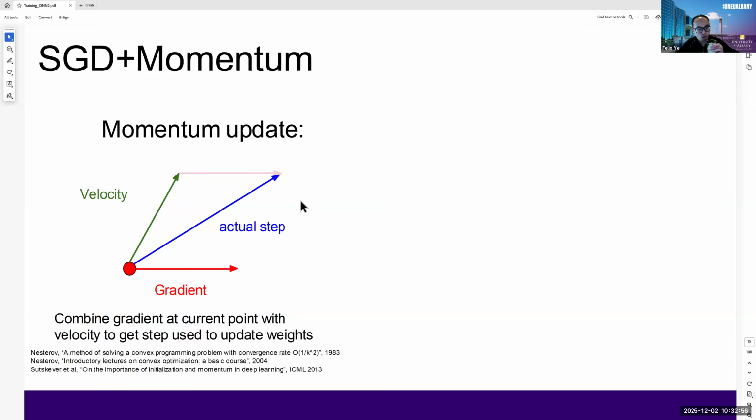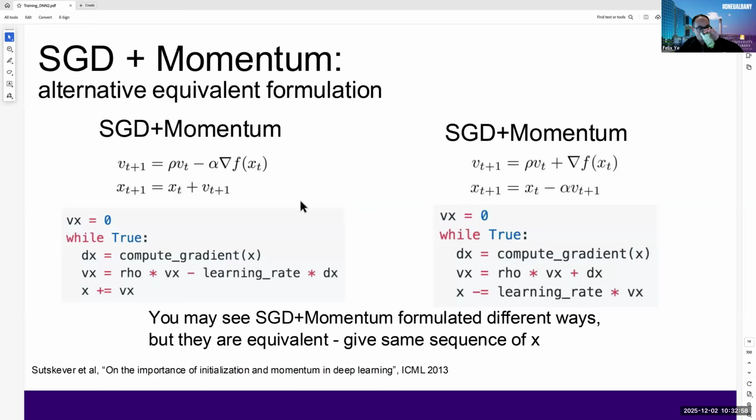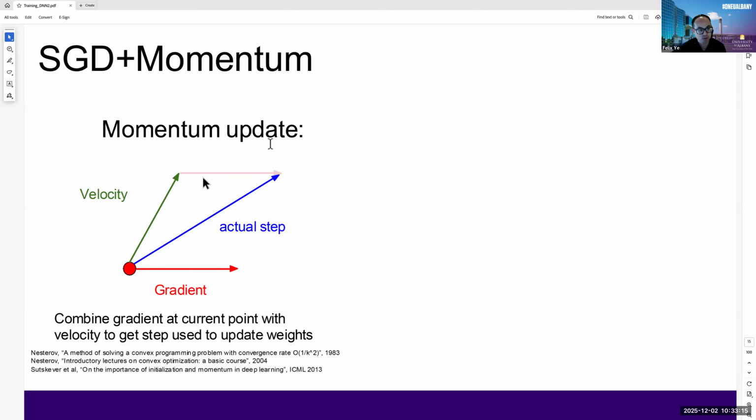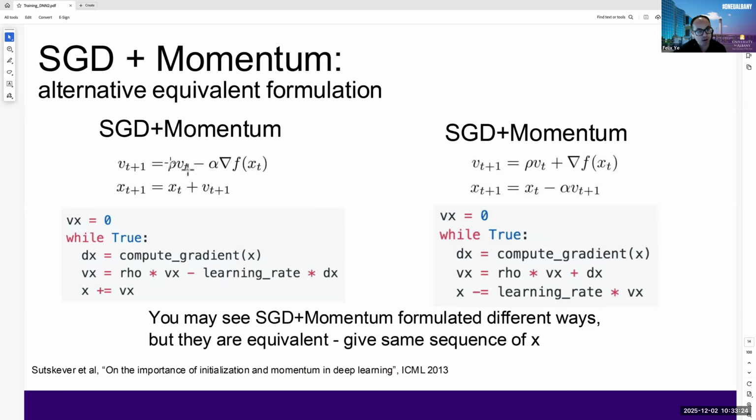So why is this important? Think about it: here we have two vectors. One is x of t, another vector is v t plus one. So basically you have two vectors and you add these two vectors together. The momentum update is basically the velocity and also the gradient, right?